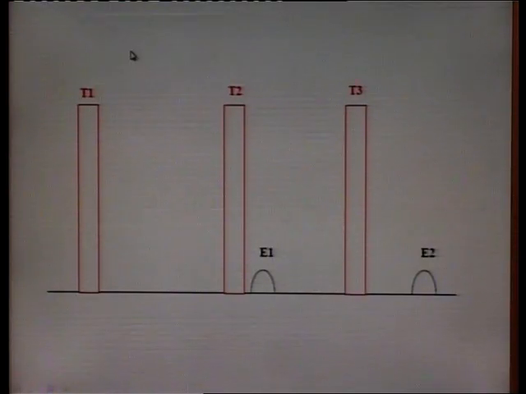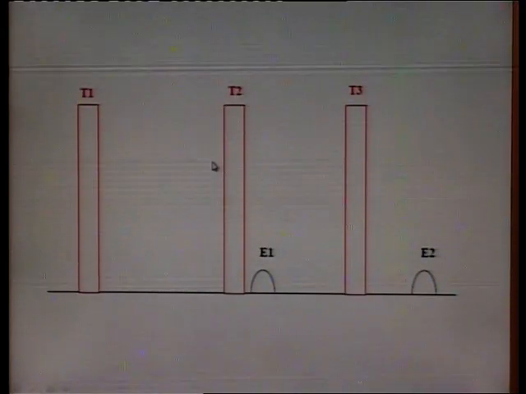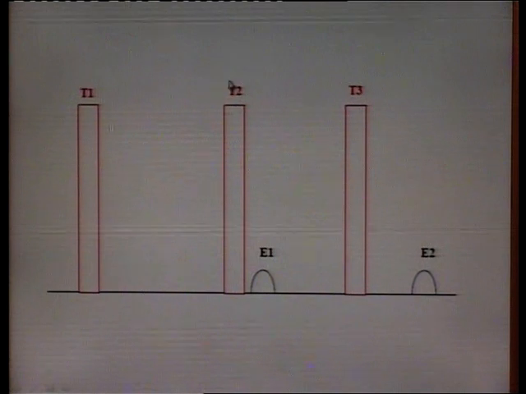Suppose one pulse is transmitted and we are waiting for the received signal, but no echo is received. You can see from here, there is no echo signal received, and the time has come for transmission of the next pulse. So, the duplexer, after this much time, will connect the antenna to the transmitter section, and again the pulse will be transmitted.